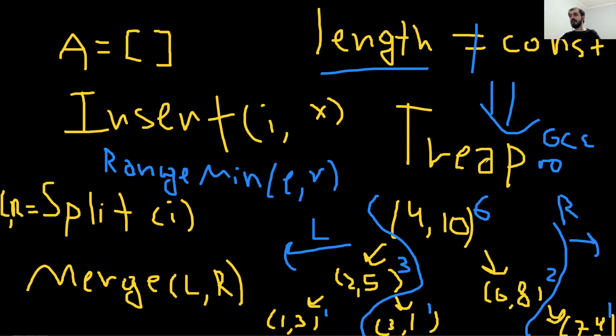But again, trips are pretty short to implement, so you can write them yourself. And then you just have to think what statistics you want to maintain. Is it subtree size? Is it minimum? Is it sum? You can maintain all of them, right?